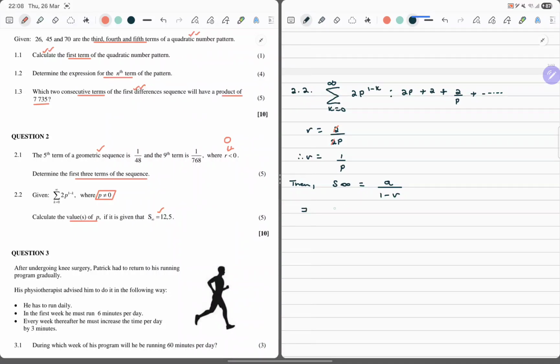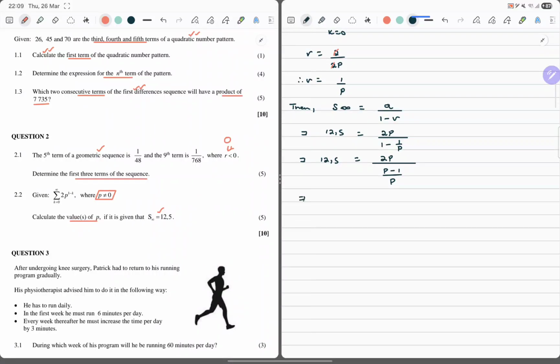So this implies that we've got 12,5 equals a, this is just 2p, divided by 1 minus 1 over p. So if we simplify, we've got 12,5 equals 2p divided by p minus 1 all over p.